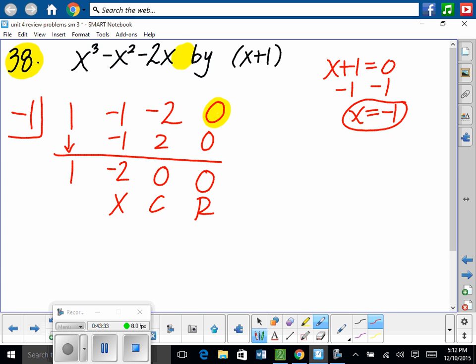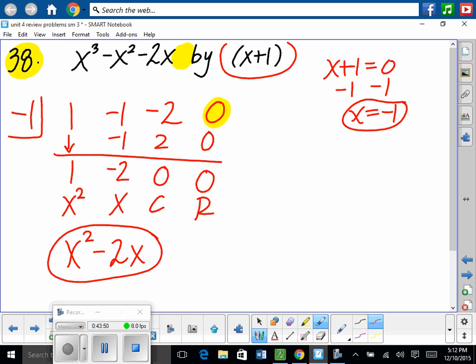If that's our constant, that's our x. If that's our x, that's our x squared. So we have 1x squared, which is just x squared, minus 2x, and then plus 0, so I'm not going to write it with a remainder of 0. So that is the polynomial when you divide by this. So this would be our answer. You could have done long division, but I just choose synthetic division because it's quicker.